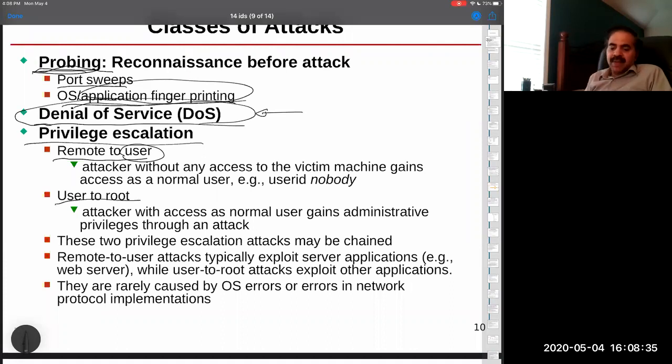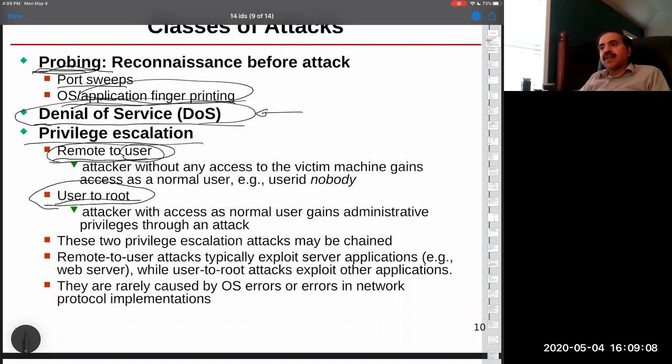The second type of privilege escalation is user to root. So a normal user is now able to get administrative privileges. And very often, the term privilege escalation is more commonly used with this user to root escalation rather than remote to user escalation, because remote to user has multiple terms.